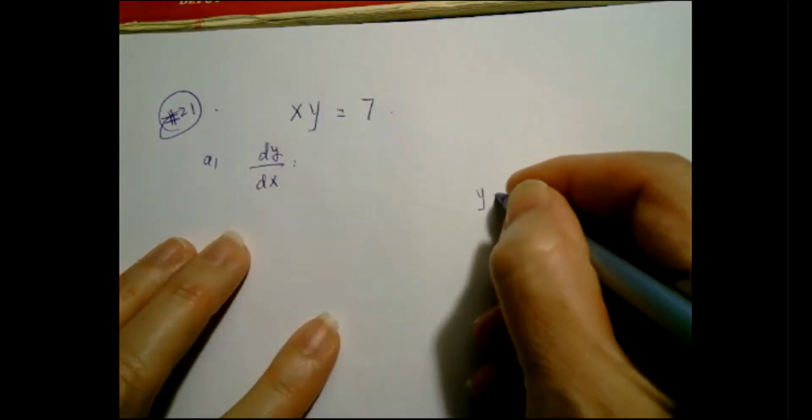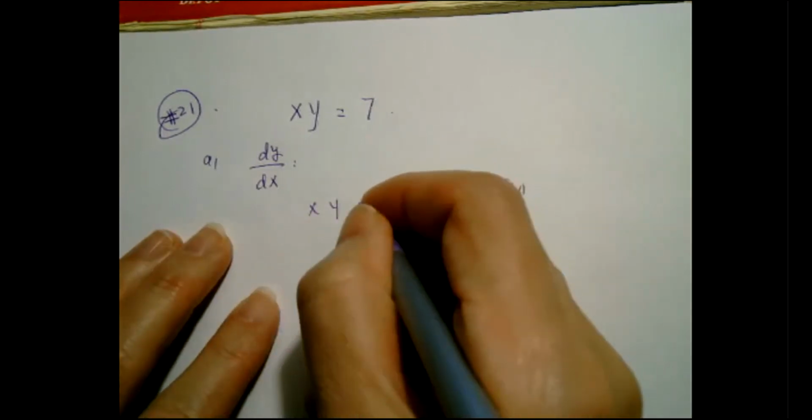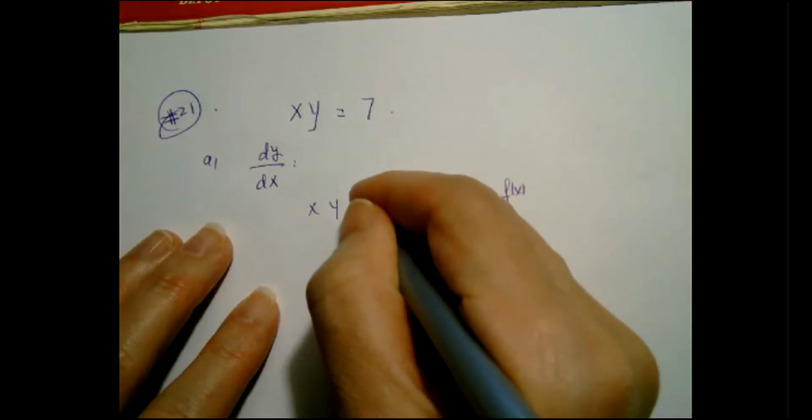So do the way I'm thinking about it. You say, you know, y is a function of x, but I don't know what it is, even though this is a simple scenario. And then you differentiate both sides with respect to x and then fill it out.